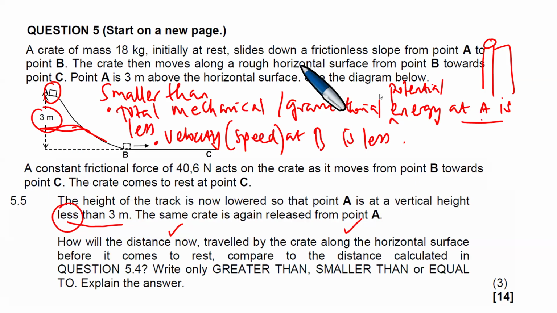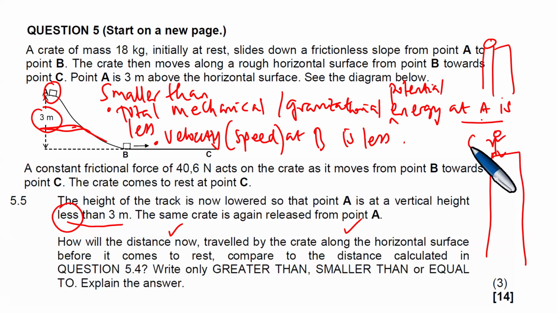You see, here's a building, and someone is standing on the rooftop. You release an orange, just release it, like you let the crate go, and this orange goes down.